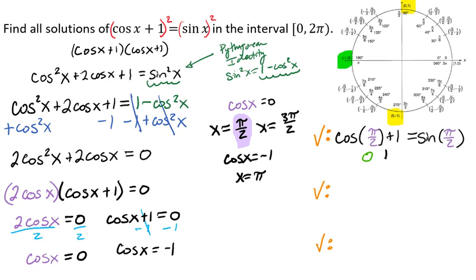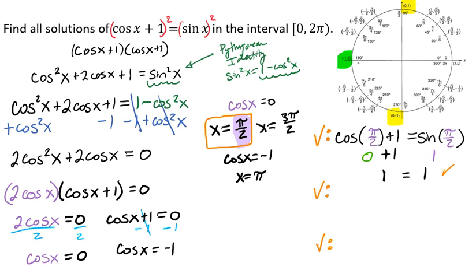So we have 0 plus 1, which is 1. And the sine of pi over 2, we go to the y value at pi over 2, which is 1. It is true that 1 does equal 1. So x equals pi over 2 is a solution.